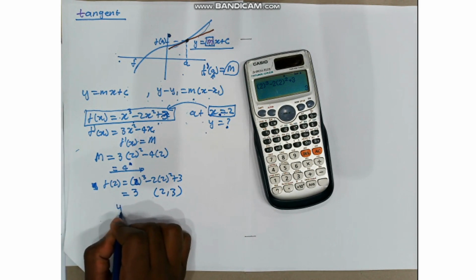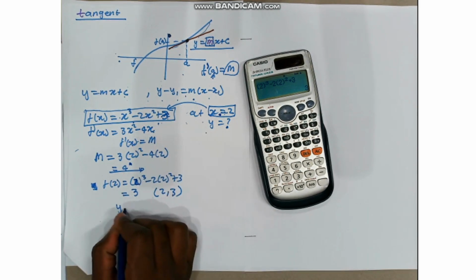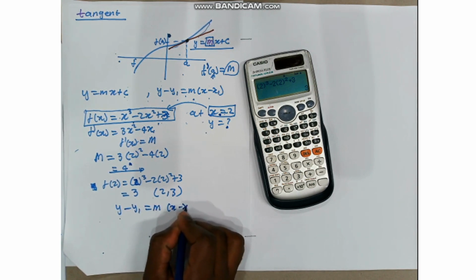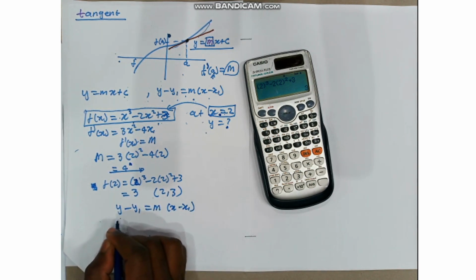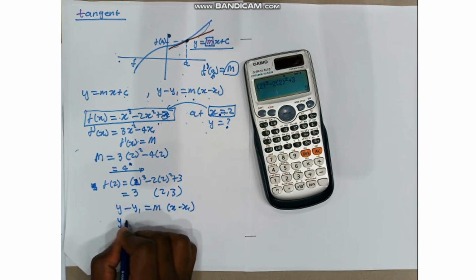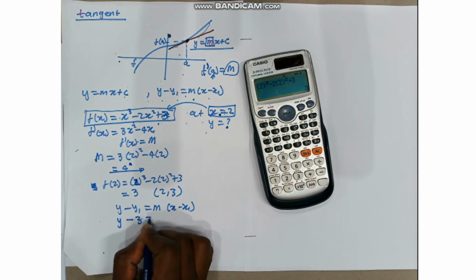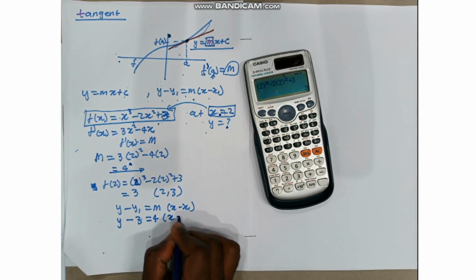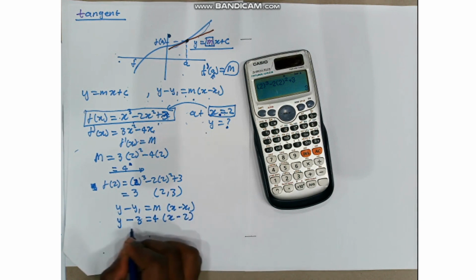Now let's find our equation. I'm just gonna use this one: y minus y1 is equal to m into x minus x1. Substitute: y minus 3, gradient is 4, into x minus 2.